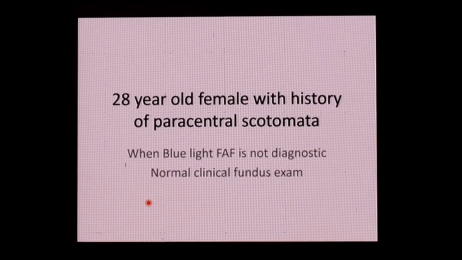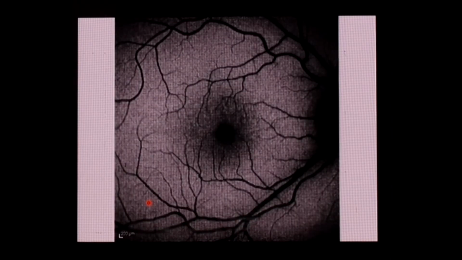And another patient that I'd like to discuss, given our controversy over previous cases, is a 28-year-old female, not a vasculopath, with a history of paracentral scotoma that she could draw beautifully on an Amsler grid, and a normal clinical fundus exam and normal autofluorescence. But on the infrared reflectance, she had these dark areas that corresponded perfectly to what she drew on the Amsler grid, with subtle changes on the outer retina, but no PAMM-like changes.